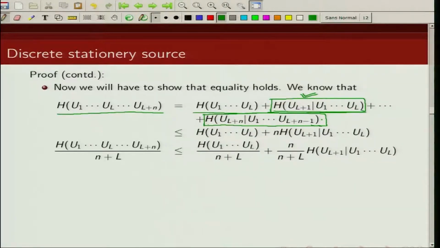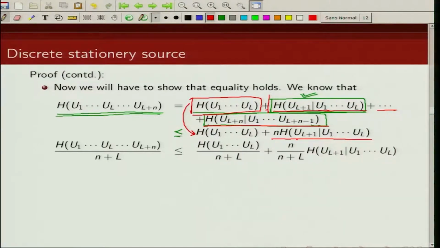So then we can upper bound this joint entropy by, so this term I am writing exactly like this, but this whole summation, these n terms, can be upper bounded by n times uncertainty in UL plus 1 given U1, U2, up to UL.